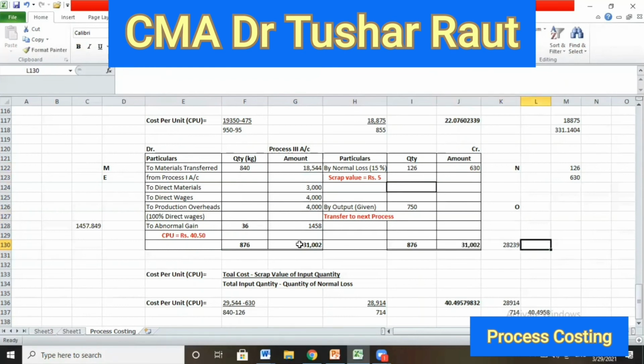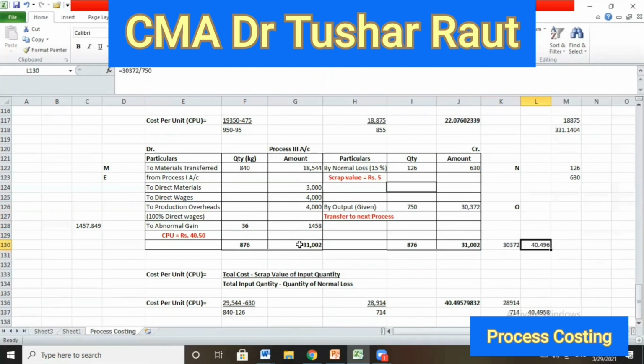31,002 minus 630. So it will be 30,372. We'll check it out. 30,372 upon 750.